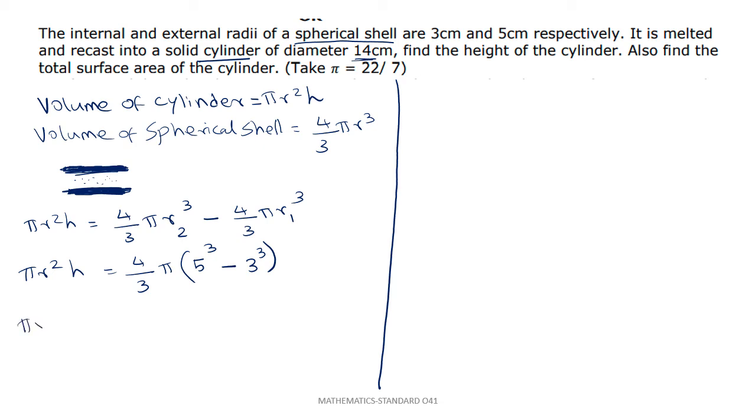So pi into 7 into 7 into h is equal to 4 by 3 pi. 5 cube is 125 and 3 cube is 27. So from this we can find what is the h value. So keep h this side. 125 minus 27 will give you 98.